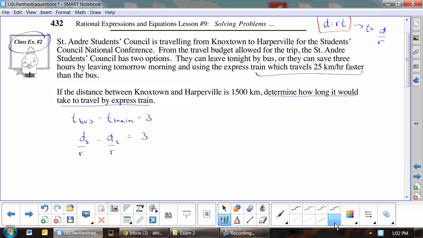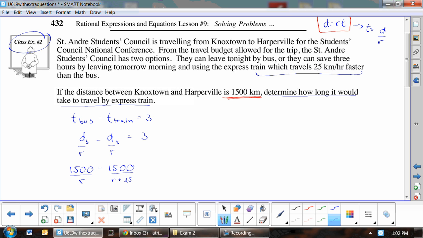So let's deal with the distance first, because that's the easy part. So for the distance, they both travel the same, and it's 1,500 kilometers. Okay? But then our rate or speed is kind of trickier. So we know the train travels 25 kilometers per hour faster. So if we say that the bus is R, we can say that the train is R plus 25.